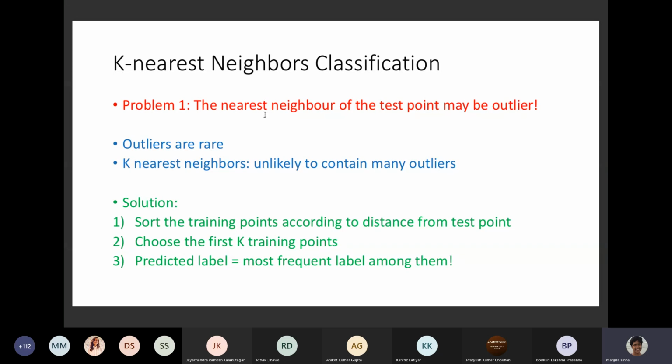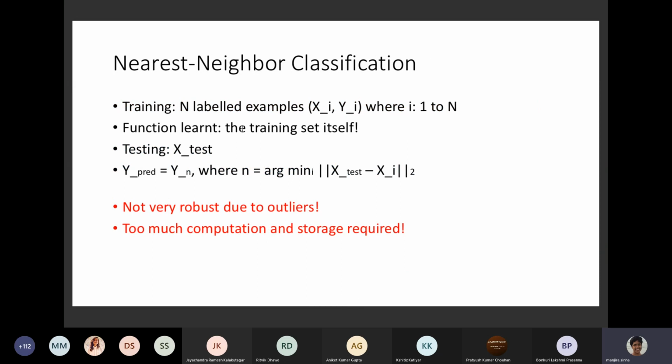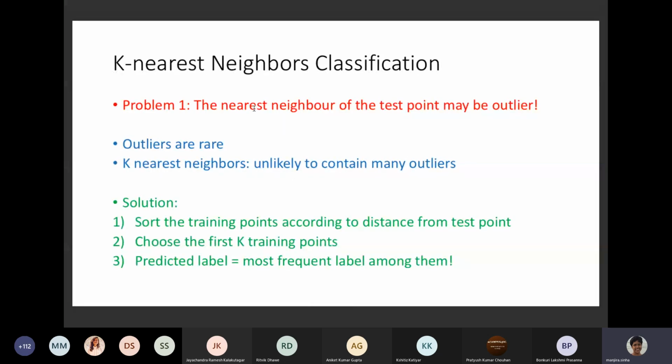And instead of just one nearest neighbor, if we take k nearest neighbors, then the label of my test data will be predicted based on my k nearest training data points.